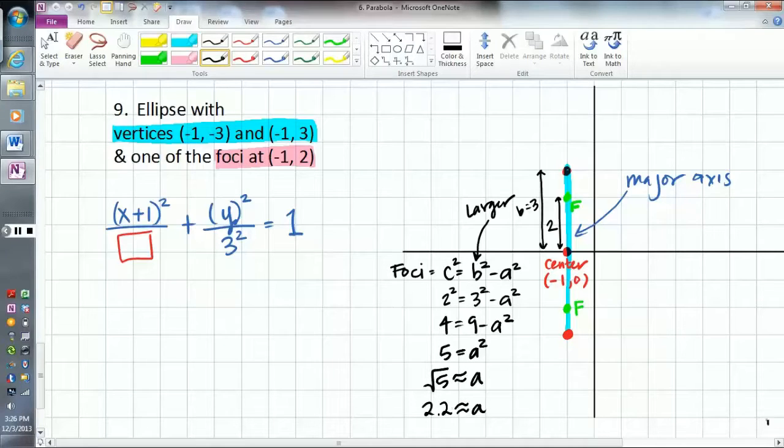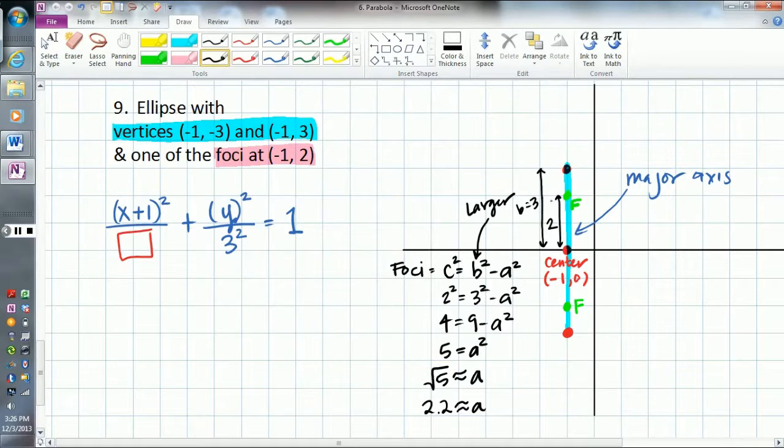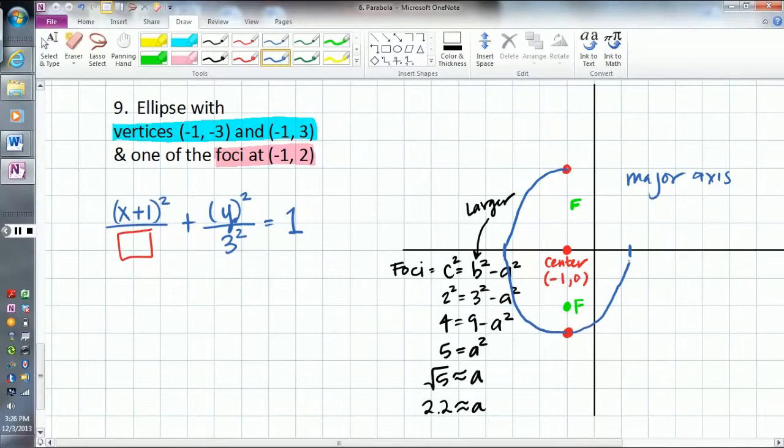So if I'm going to sketch this, let me just erase this part here. I know I'm going about 2.2 in either direction widthwise from the center, and that is going to make my ellipse look something like that.